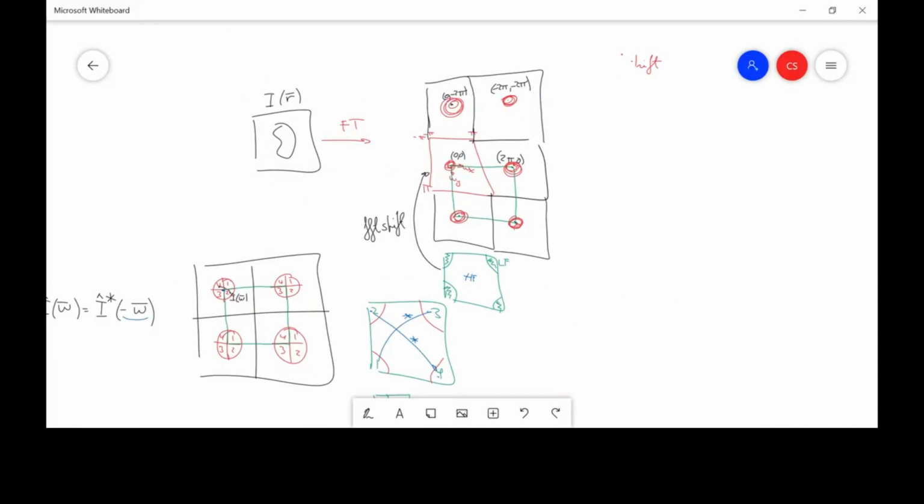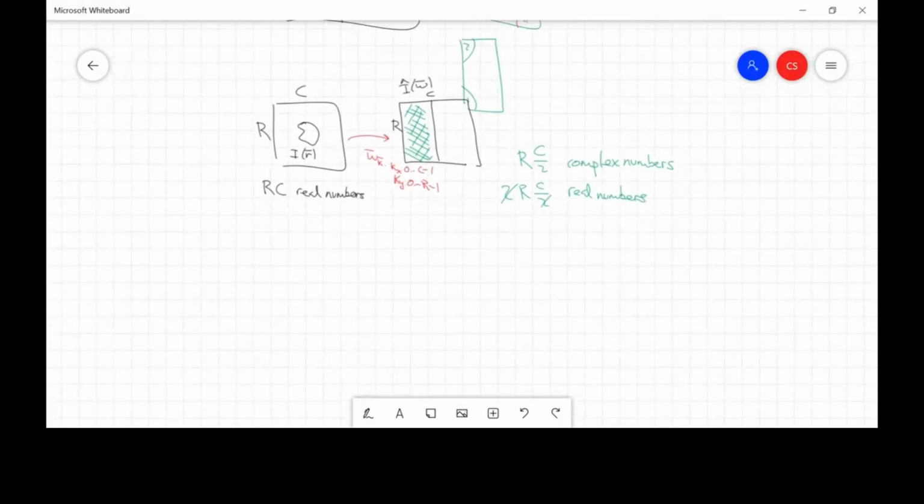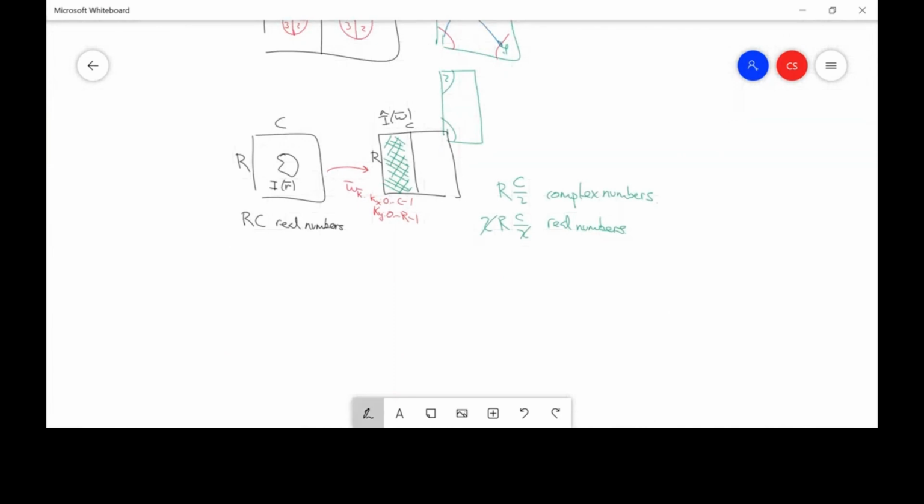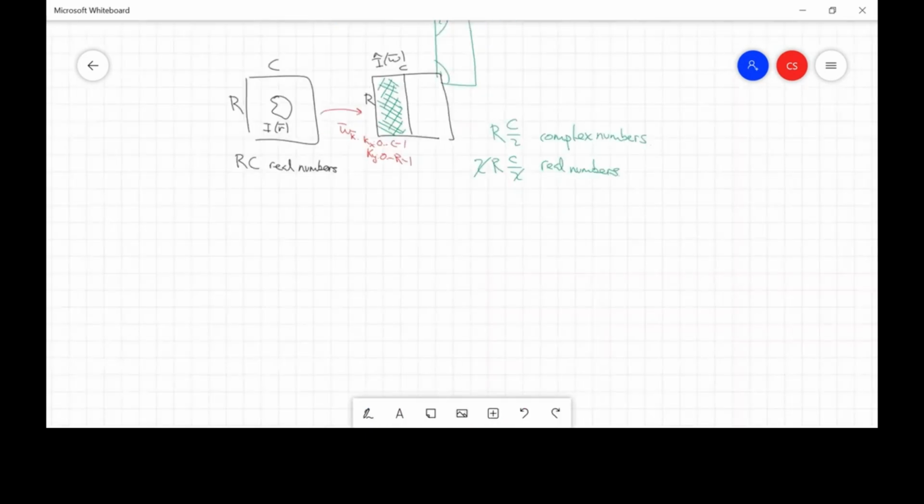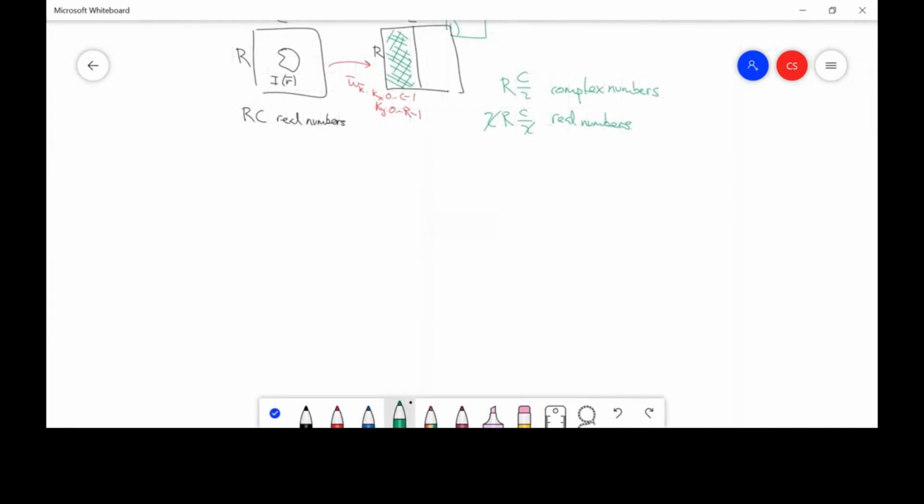So we mentioned here Kx, Ky, they go from 0 to C minus 1. This is true in this world where frequencies go from 0 to 2 pi.